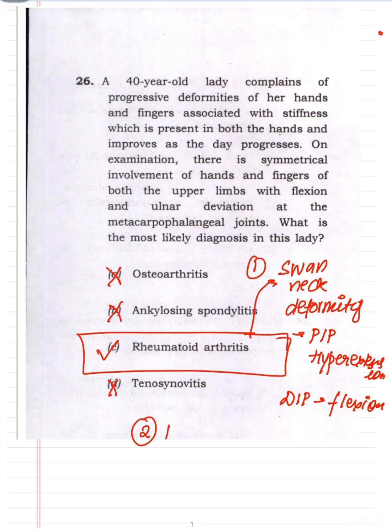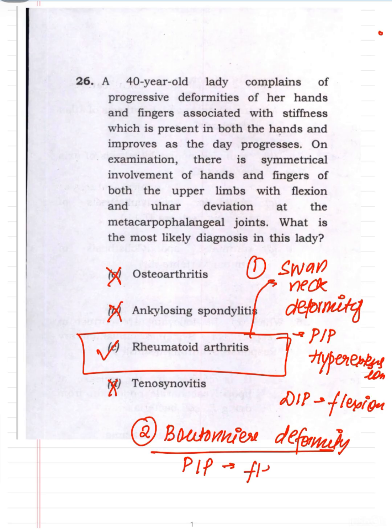Another deformity is Boutonniere's deformity, in which proximal interphalangeal joint is in flexion and distal interphalangeal joint is in hyperextension.